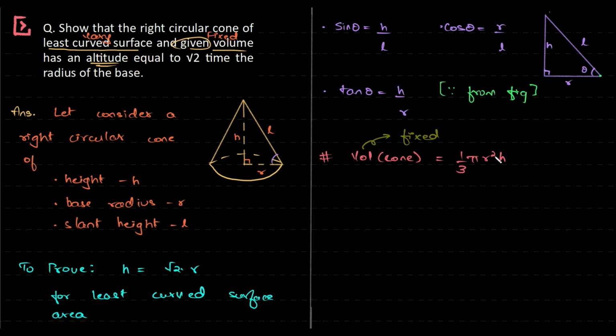So we're going to express everything in terms of theta and r. That is, in place of h, I'm going to write tan theta into r. So basically this would be 1 by 3 pi r cube into tan of theta. We got this from, say, 3.